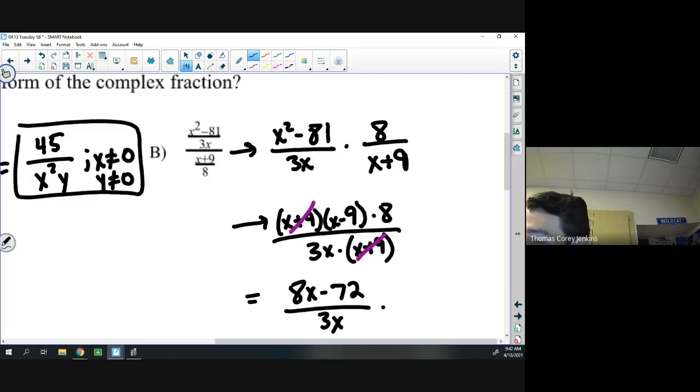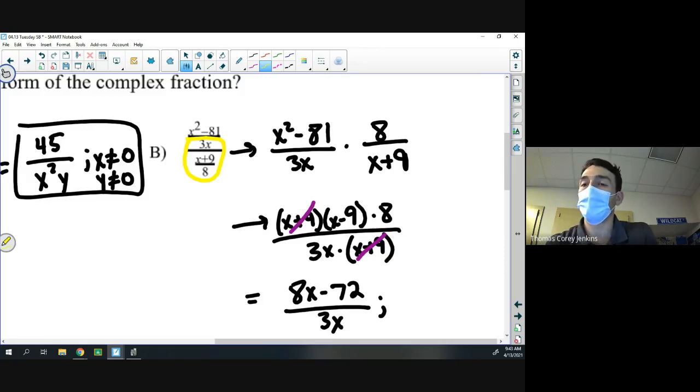Okay, and then as far as the restrictions go, remember we want to look at all those. All right, so from here, x can't be 0. From here, x can't be -9. So 0 or -9 would be my restrictions.